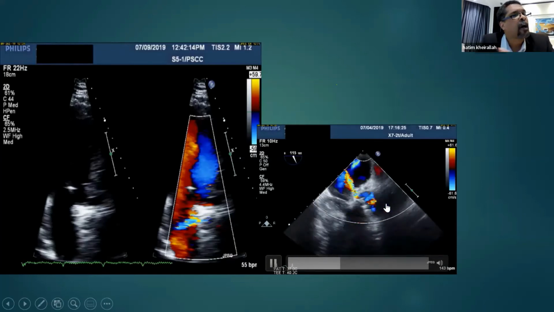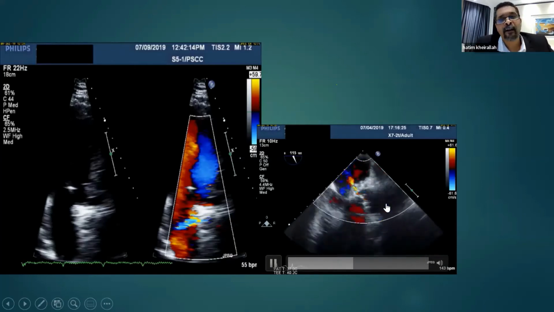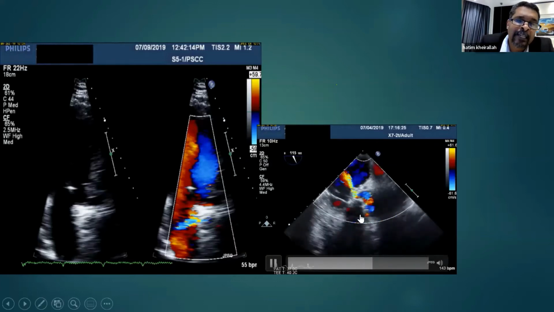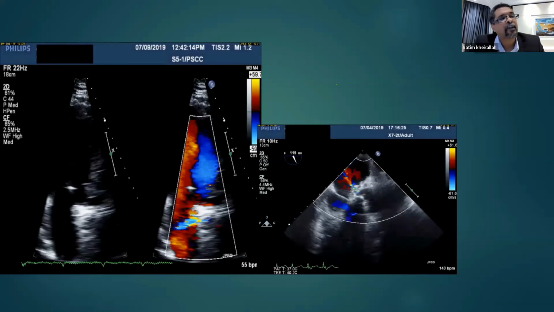Sometimes they call it aortocameral fistula because, you know, sometimes if you have vegetation and abscess here, that abscess might rupture in the left atrium, it might rupture in the right atrium, it might rupture into the pulmonary valve itself or the pulmonary artery.